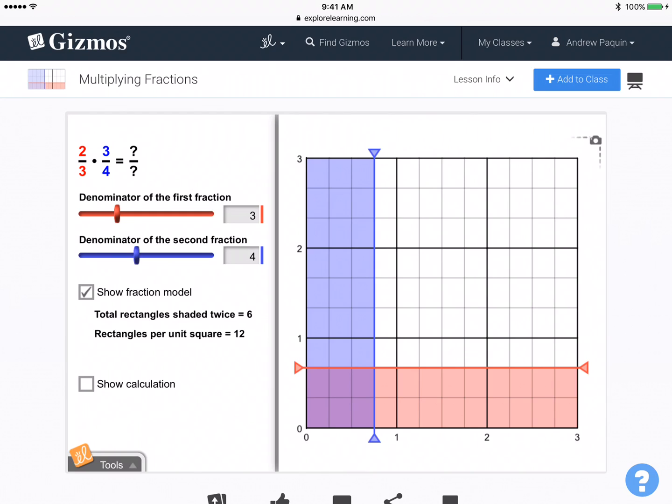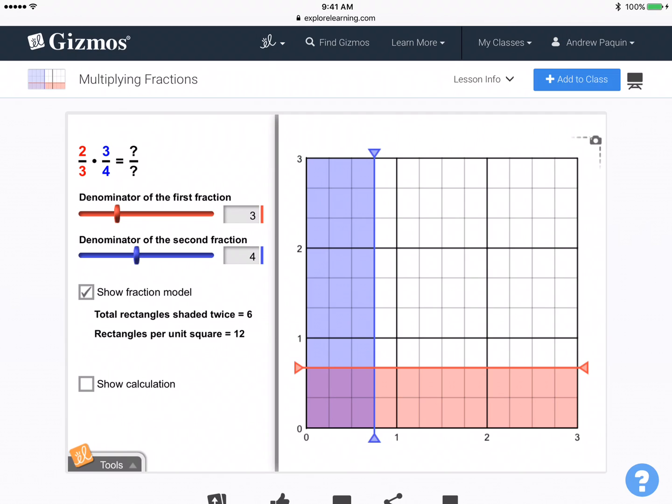Now, I don't have a pen function in this environment, which may or may not be a good thing, but if we take a look at the whole, the whole is 3 units by 4 units, making 12 units, and we can see that reflected in the denominators of the factors and eventually in the denominator of the product. The numerators, 2 times 3, that's going to give us 6.